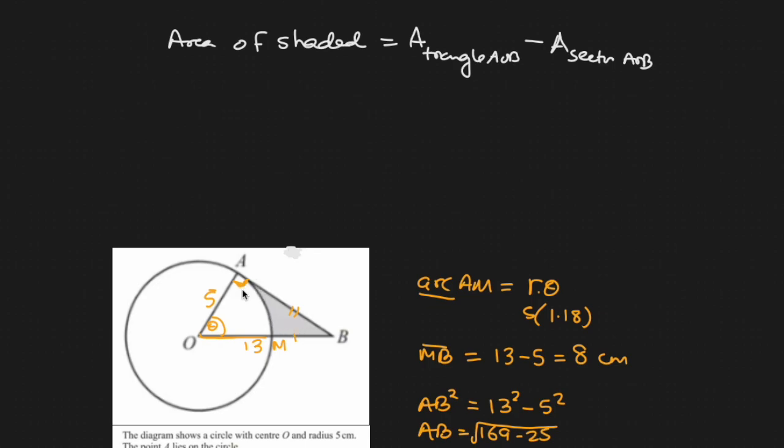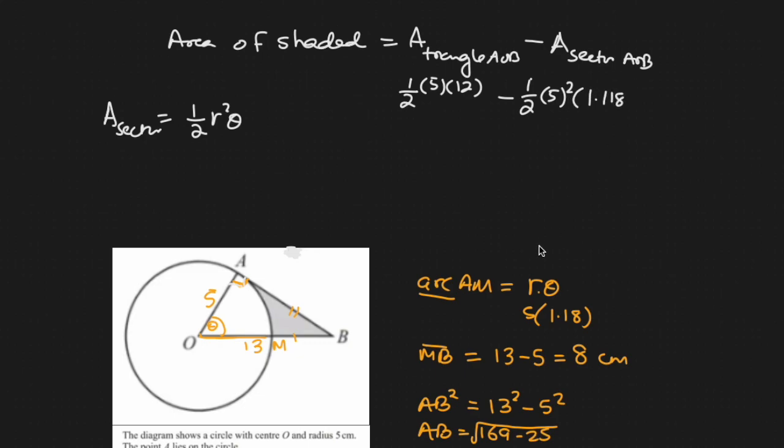Area of a triangle is easy for a right angle triangle, which is half base times height. I'm not using the one given in the formula sheet because this is easier. Because there is 90 degrees there, 5 becomes the base, and 12, which I just found out, becomes the height. So half times 5 times 12, minus the area of the sector. The formula is in your formula sheet, half r square theta. So it will be half, r is 5 squared, theta we just got 1.18.